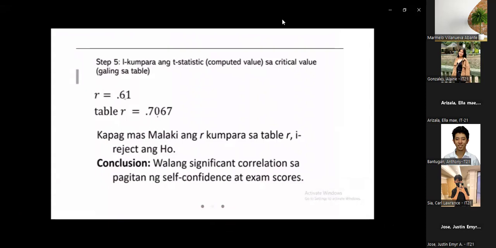So, yung magiging conclusion natin dito ay there's no significant correlation between self-confidence and the exam score. Bakit walang significant correlation yung self-confidence at exam score, kung titignan naman natin sa sample data natin, obvious naman na may correlation sila?